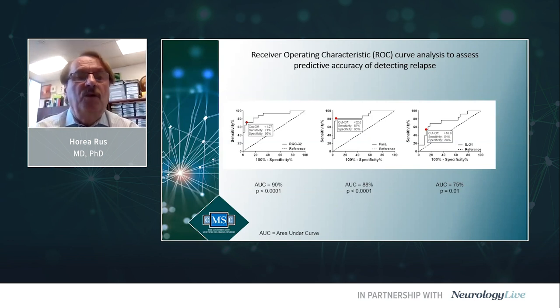And the area under the curve for these cases was 90 and 88%.